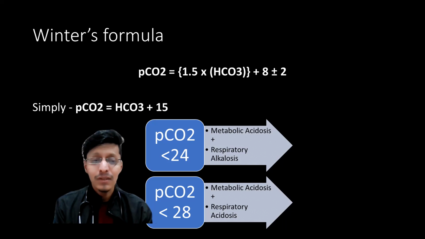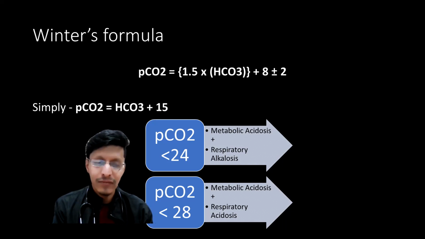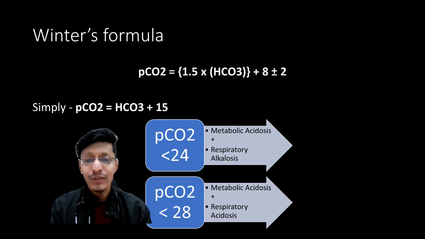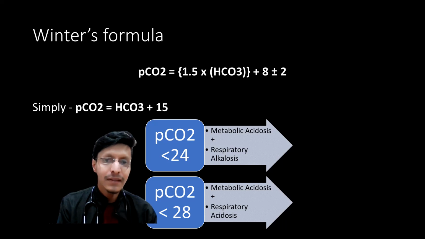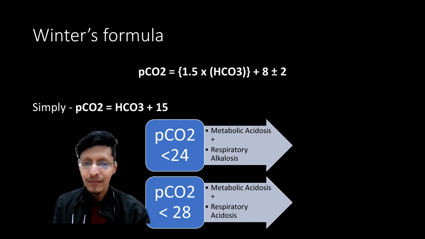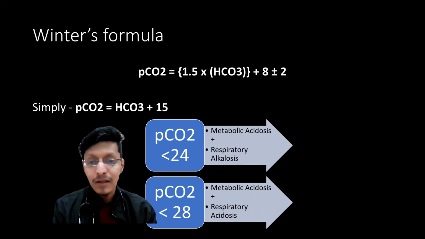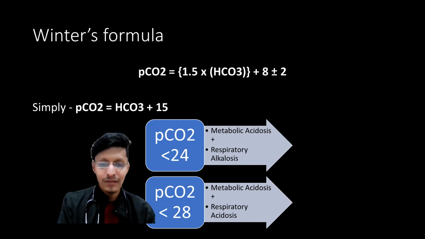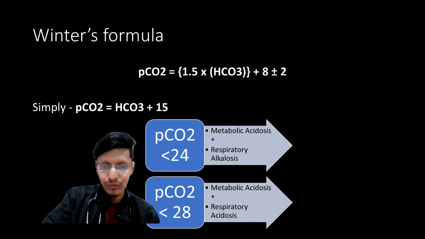In a simplified form, bicarbonate plus 15 will give us the value of PCO2. If this PCO2 is less than 24, it is metabolic acidosis with compensatory respiratory alkalosis. And if this value is more than 28, then it is metabolic acidosis with respiratory acidosis.